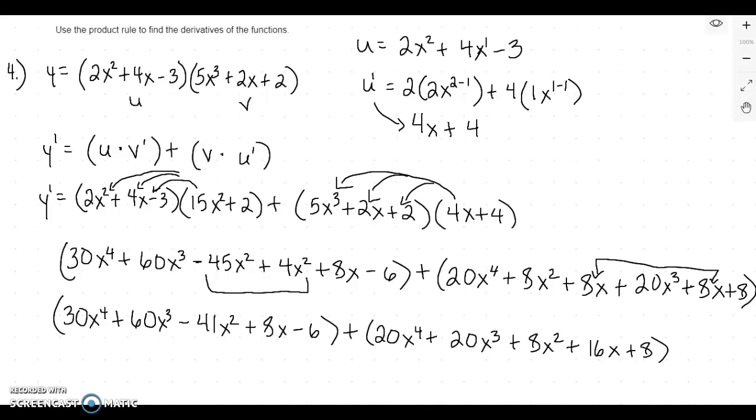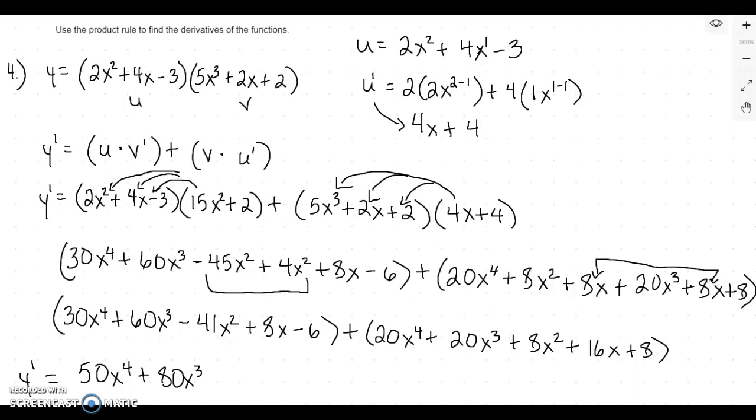Alright, so for our final piece, to simplify this, we're going to combine these two statements here. So I have 30x to the 4th and 20x to the 4th, which is going to give me 50x to the 4th. I have 60x cubed and 20x cubed, so plus 80x cubed.